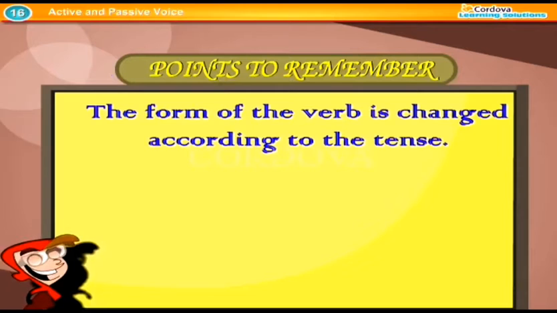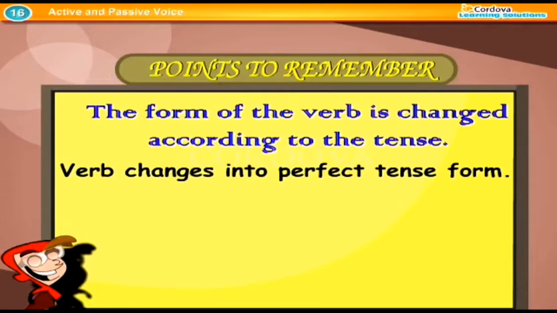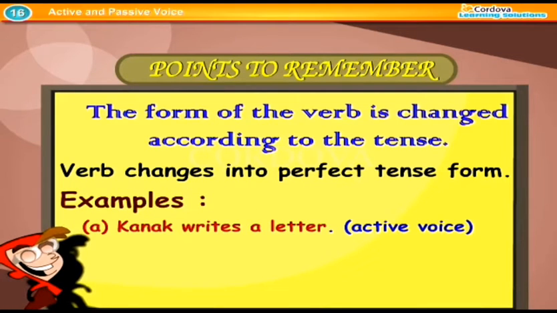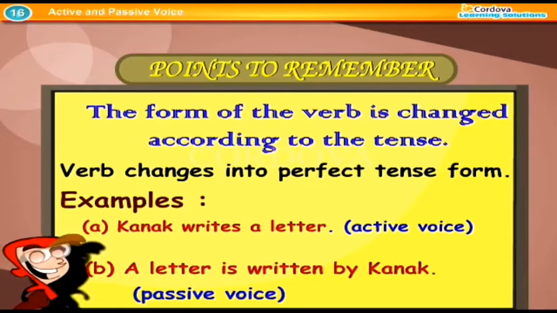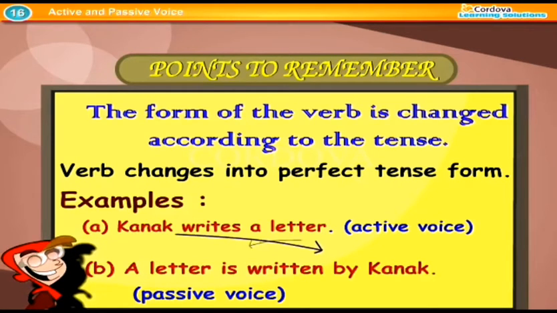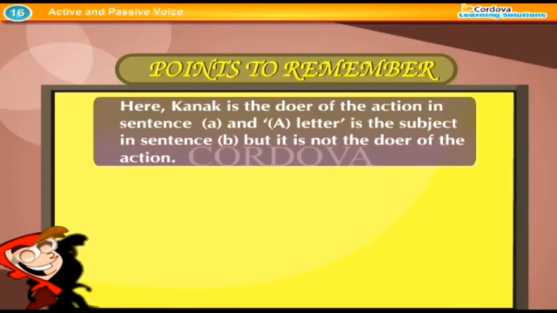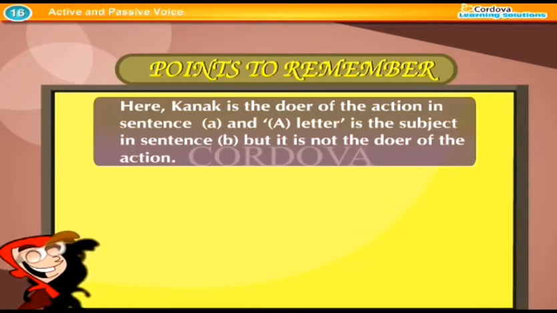The form of the verb is changed according to the tense. Verb changes into perfect tense form. Examples: A. Kanak writes a letter. Active voice. B. A letter is written by Kanak. Passive voice. Here, Kanak is the doer of the action in sentence A, and a letter is the subject in sentence B, but it is not the doer of the action.